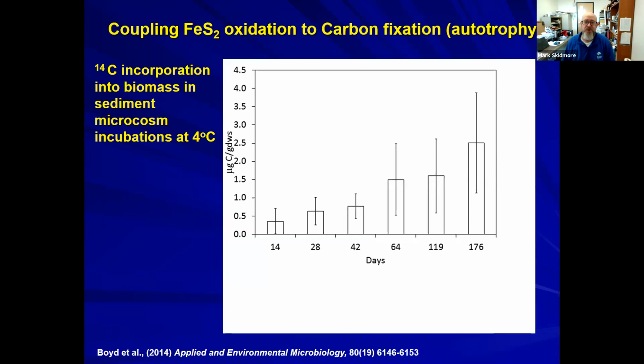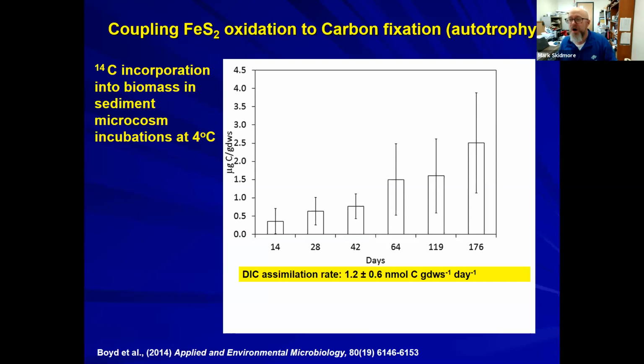So if we want primary productivity going on, and this is again work from Eric, you take the sediments from the environment, add a little bit of radio-labeled carbon, and incubate them at 4 degrees C, close to in situ temperatures. You can look at the rate at which the carbon is incorporated into biomass, and see that increasing through time. One can also monitor the amount of sulfate produced and think about the rate at which that's being produced in that reaction.